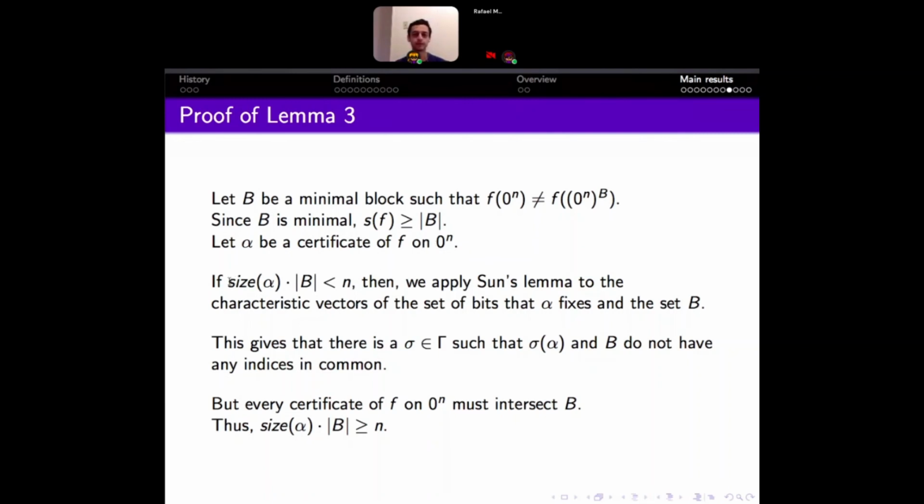So if the size of alpha multiplied by the size of B is less than n, then we can apply Sun's lemma on the set of bits fixed by alpha and the set B. So this would mean there is some permutation sigma such that sigma of alpha and B do not have any indices in common. But this gives a contradiction because every certificate of f on the all zero input must intersect B because B is a minimal sensitive block. And as a result, this cannot be true. And so the size of alpha times the size of B is at least n.